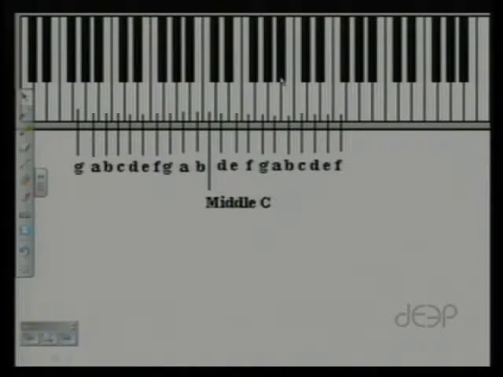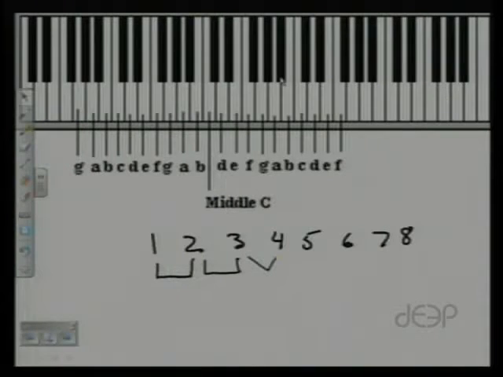A scale is a series of notes, and they fit into a predetermined pattern of whole steps and half steps. The pattern of a major scale involves 8 notes. Now the pattern is whole step, whole step, half step, whole step, whole step, whole step, half step.